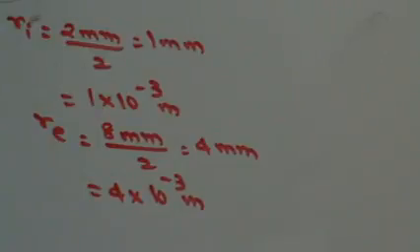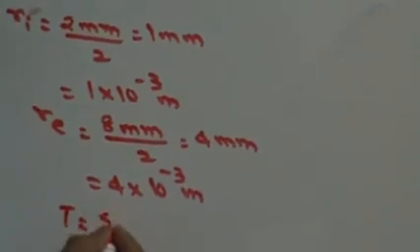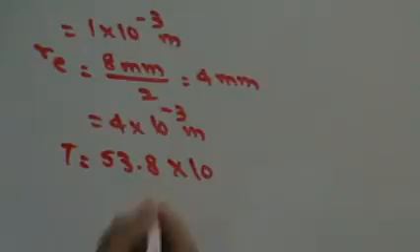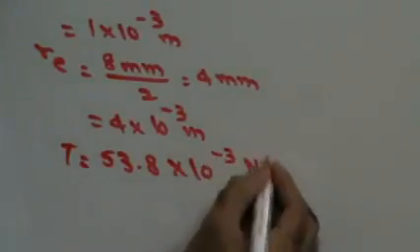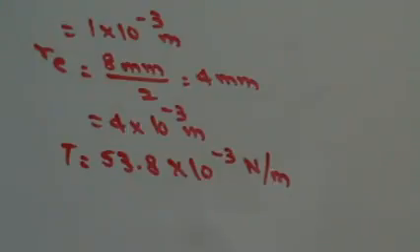If the lower end of the tube is then kept dipping in a liquid surface of tension 53.8 into 10 raised to minus 3 newtons per meter, and the angle of contact is 0 degrees.